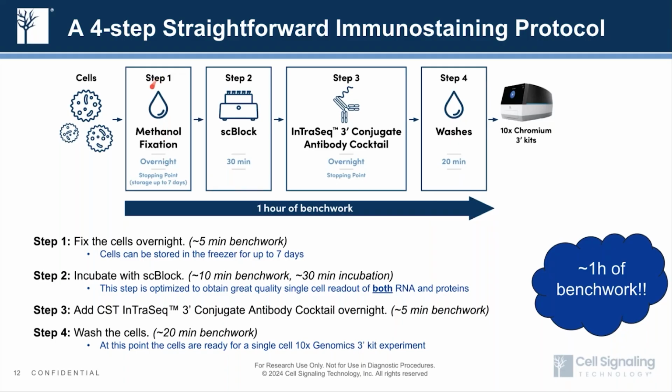The first step is fixing your cells with methanol overnight. At this point, we offer you the flexibility to store your cells for 7 days at -20, or if you would like to store for a longer period, for 2 weeks, for instance, you could store them in the -80 freezer.